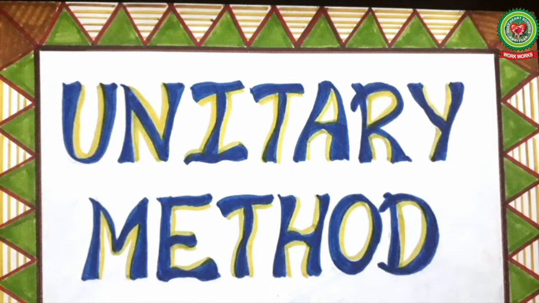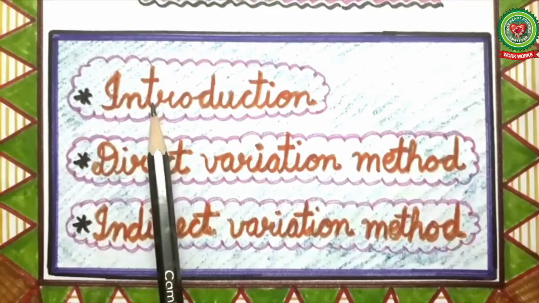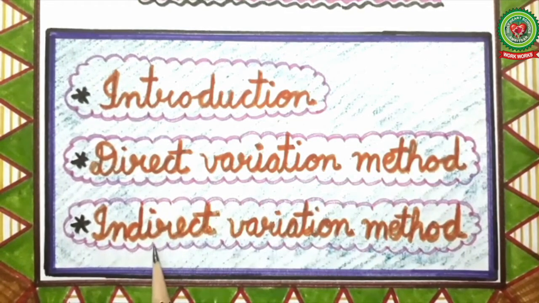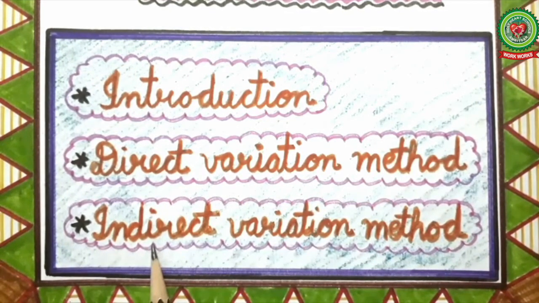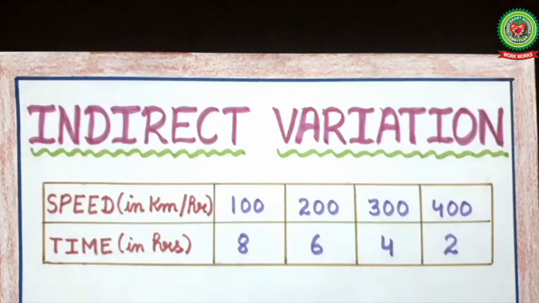Under the topic unitary method, we have done introduction and direct variation method. Today we will discuss indirect variation method. Now let's understand what is indirect variation.